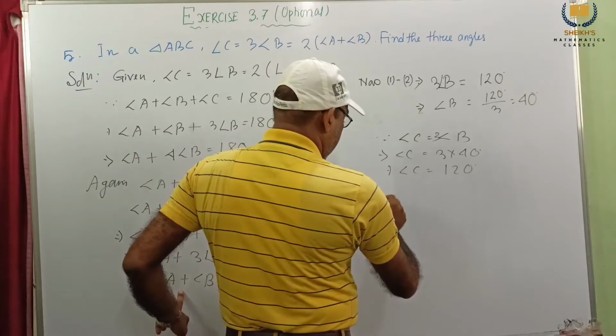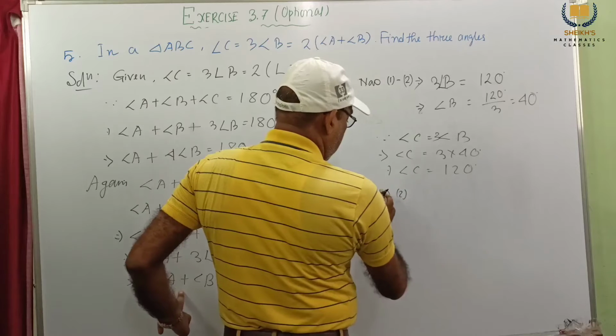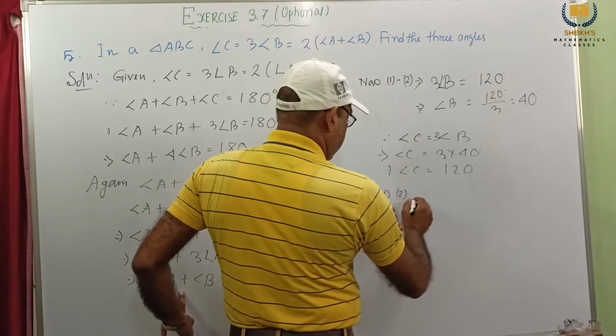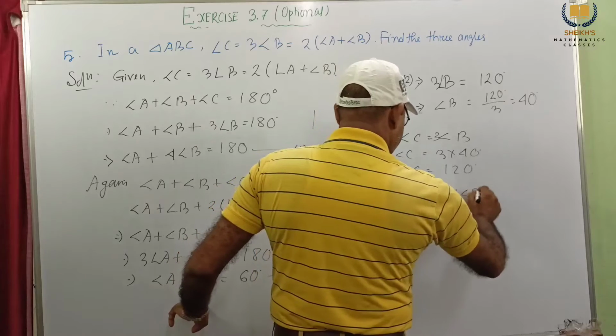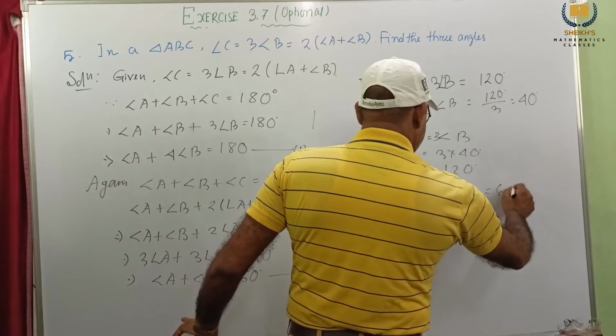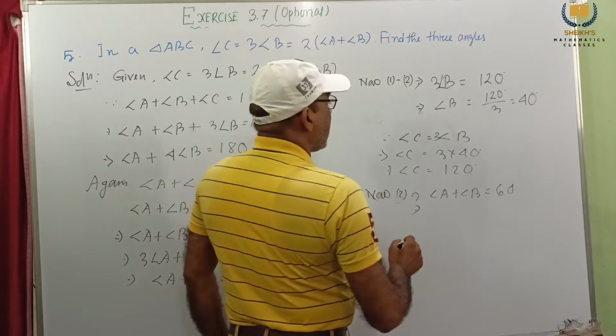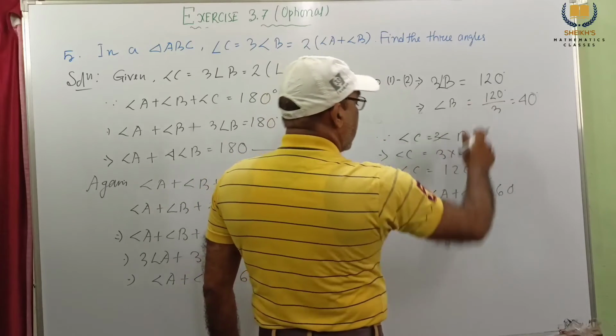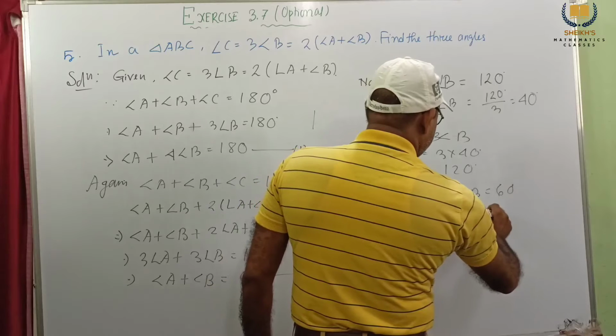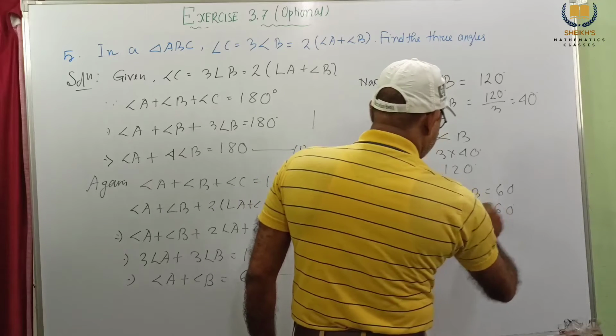Now 2 implies angle A plus angle B equal to 60. Angle A we want to find, angle B we know is 40 degree. This is 60.